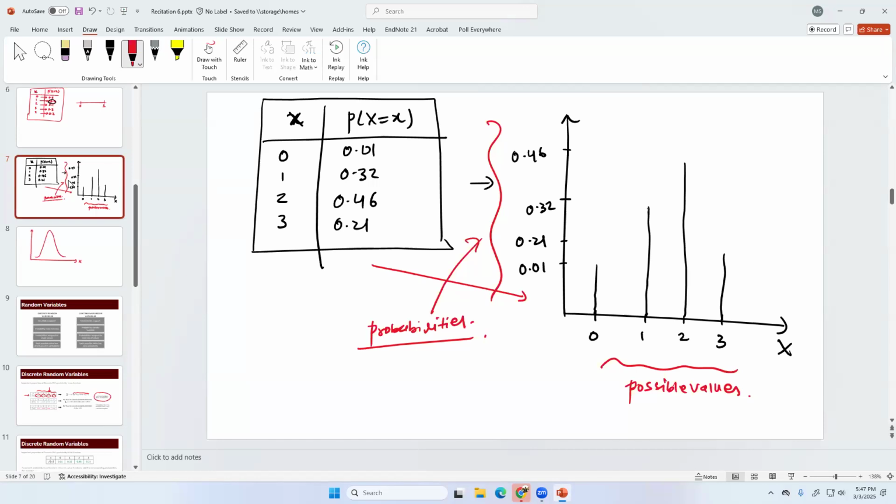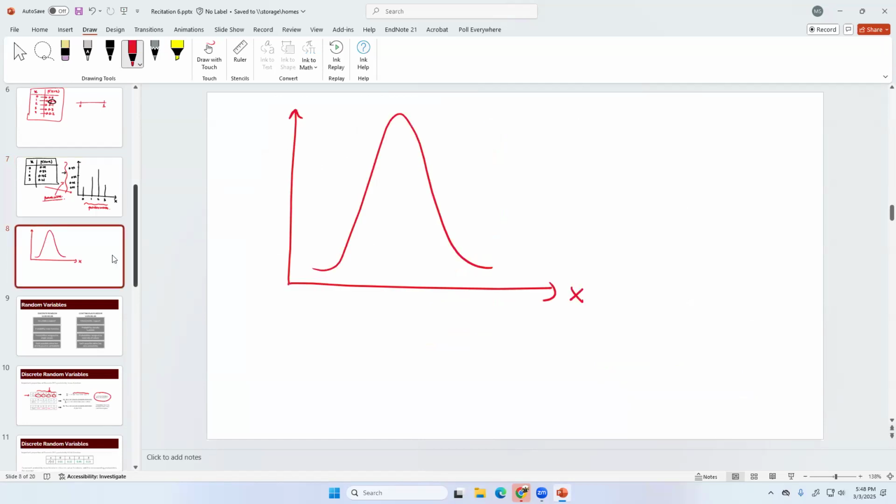Here things are discrete, right? Your x can only take 4 different values, so things are pretty discrete. Here, your x is a continuous thing, right? Your x could be, for example, the height of a randomly chosen person at A&M. If your x is a random variable that represents the height, then it means x is a continuous random variable.